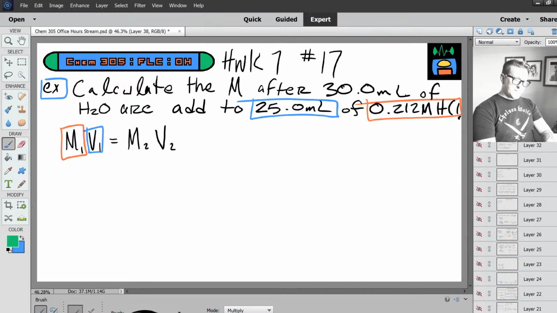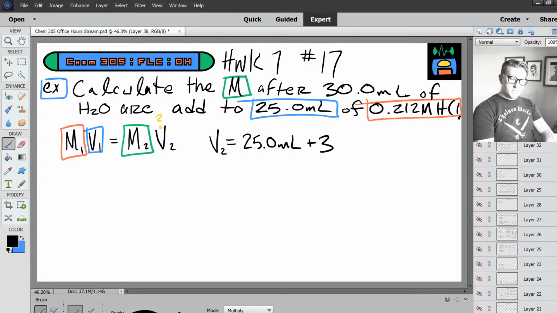We're asked to find M2, but we're not given V2. V2 is not 30 milliliters. V2 is actually the sum of the initial volume, 25.0 milliliters, plus the 30 milliliters of water you added. So our final volume is actually 55.0 milliliters.